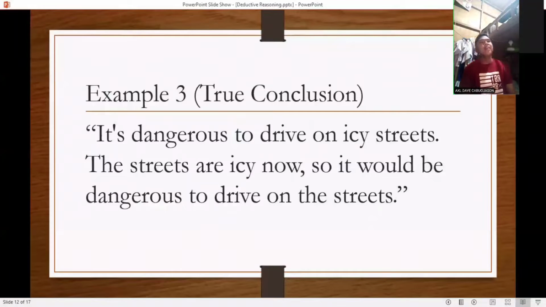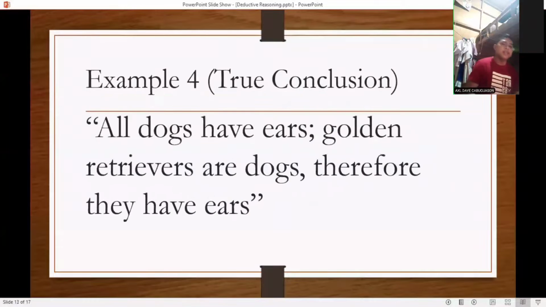just like in example number 3, which has a true conclusion. It's dangerous to drive on icy streets, so that's a major premise. The streets are icy now, so that's a minor premise or a support on that major premise. So we came up with a conclusion that it would be dangerous to drive on the streets. Example number 4.